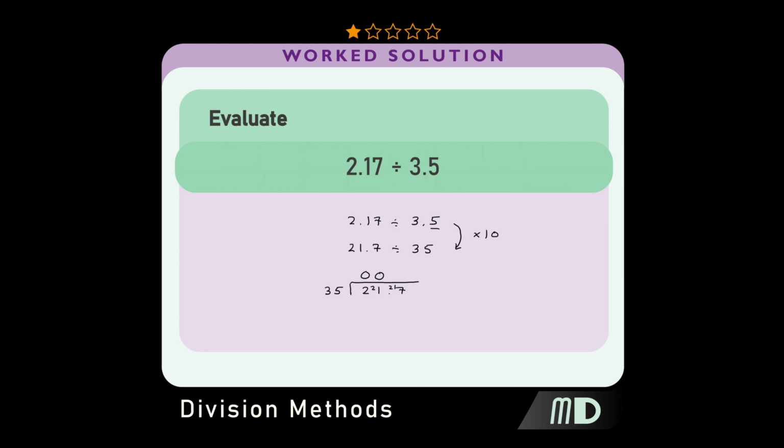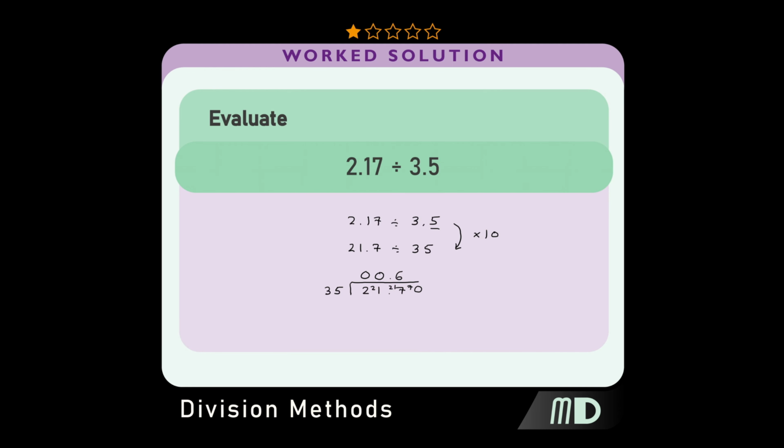The decimal point stays in the same position, and 35 divides into 217 6 times. So we need to put a 6 above the 7 digit. 6 multiplied by 35 is 210, giving us a remainder of 7, which we carry to the next column, giving us 70.